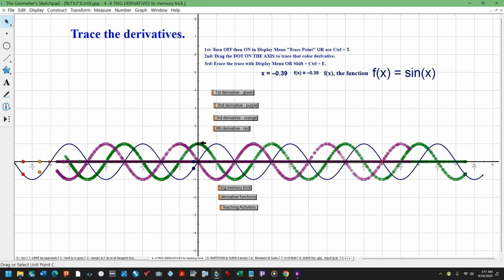So here's the cosine, which is the derivative of the sine. The derivative of the cosine here is 0. The derivative of the cosine here is -1. The derivative of the cosine here is 0. We can do it for the third derivative, which is in orange.